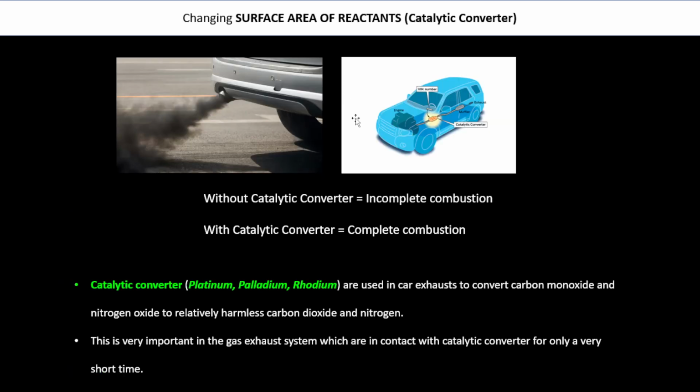So surface area is very important in one application called the catalytic converter. This is mainly used in car exhaust pipes. Without catalytic converters, the gas emitted from your car is going to be very dangerous, such as carbon monoxide or nitrogen oxide gases, which are harmful to the environment and to yourself as well.